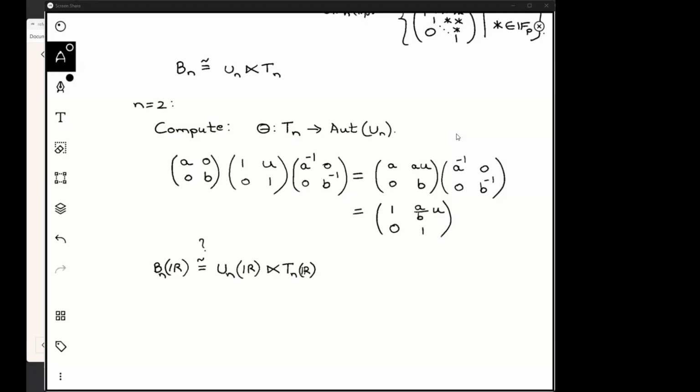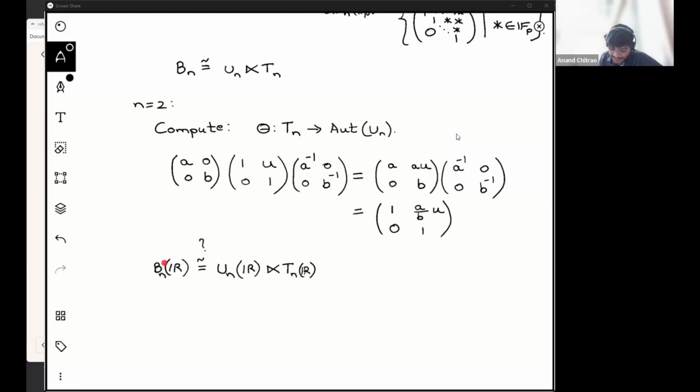We have to exclude 0 from the real numbers, maybe. Yeah. So BN(R) is the subgroup of GLN(R) of upper triangular matrices. Similarly, UN(R) is the subgroup of GLN(R) of upper triangular matrices with ones on the diagonal. Similarly, TN(R). The answer is yes, it is still true.